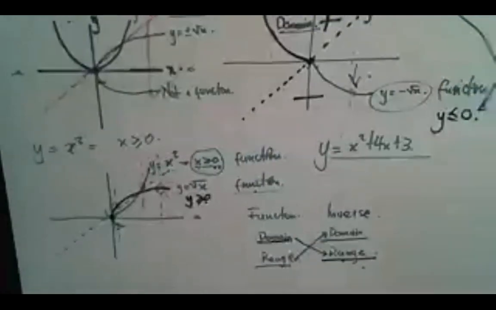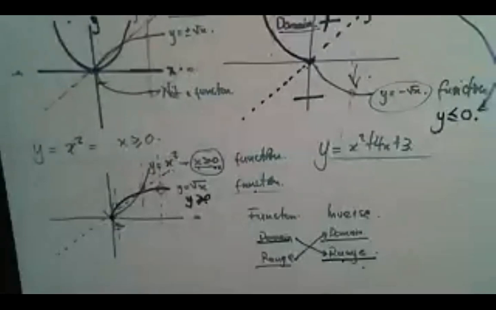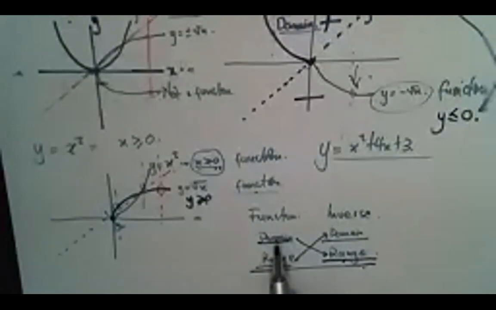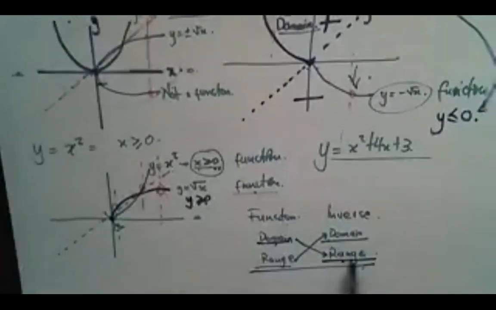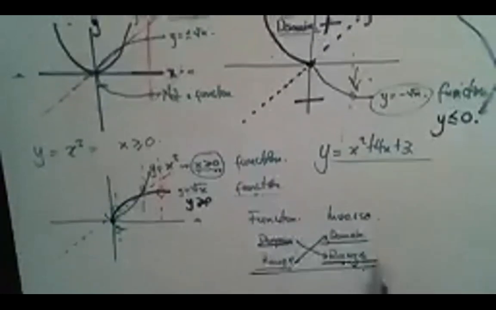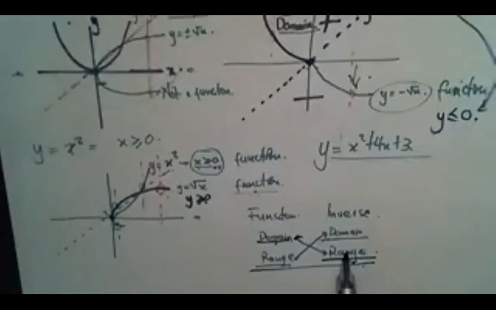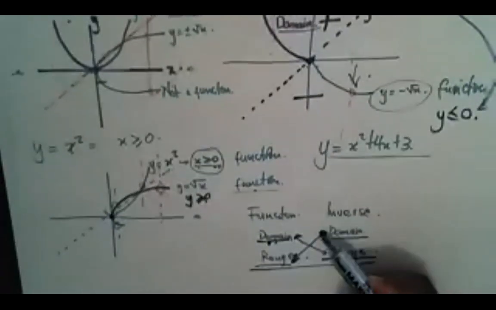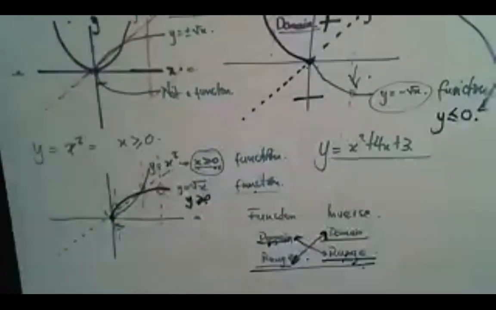So they interchange. If we come back here, the domain of the function becomes the range of the inverse, or the range of the inverse becomes the domain of the function. So it's just vice versa.